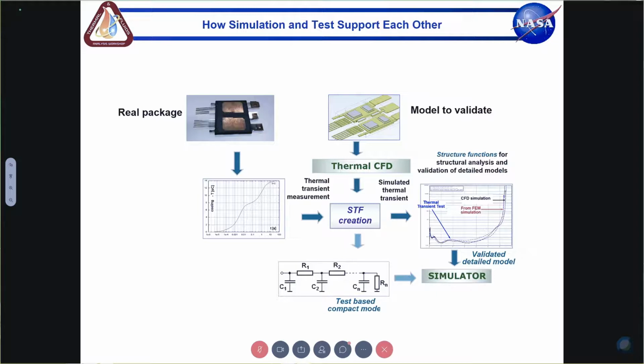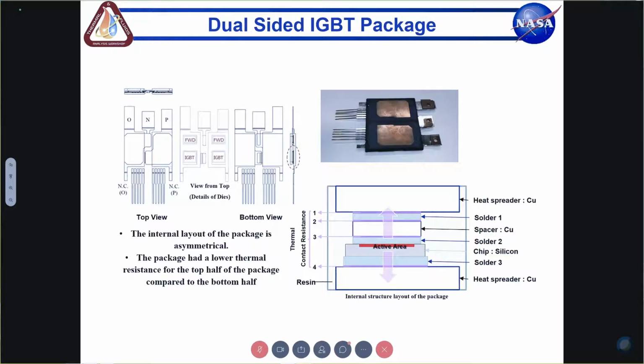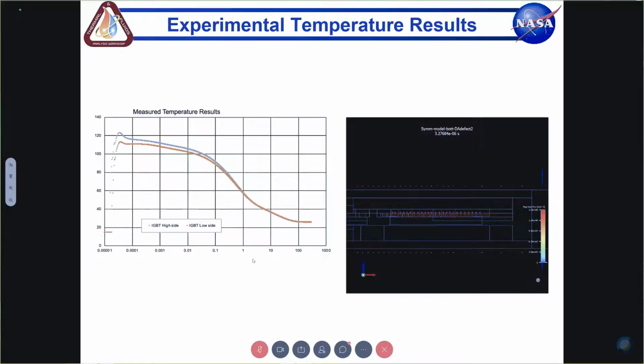And then you can compare the two, the test and the simulation-based structure functions. The difference between the two will highlight where there might be inaccuracies in your model and how you want to change them. And once your model is already calibrated, you can take a very similar approach, which we heard earlier. For example, you can create a compact model for much faster simulations.